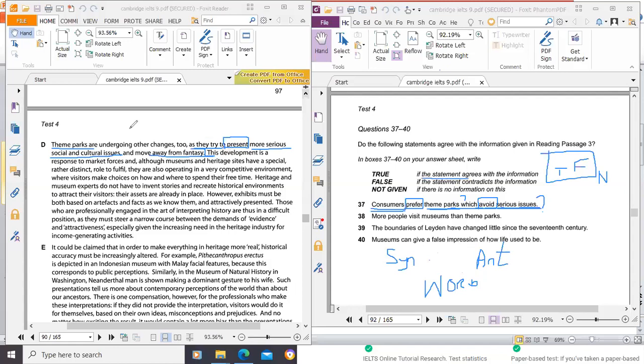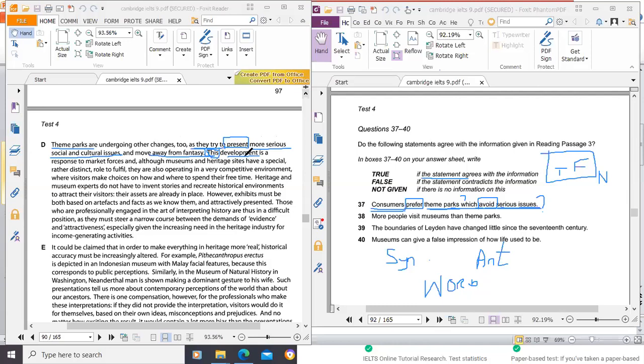So now going back to this, theme parks embrace more serious issues. That is what we have. But to prove to you that it has elements of consumers, look at this word again, pointers.